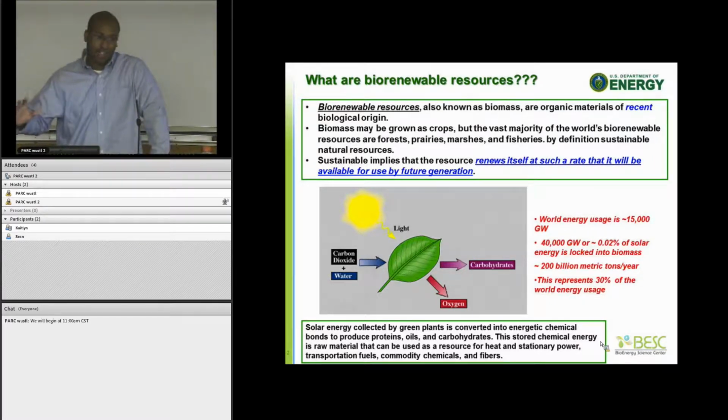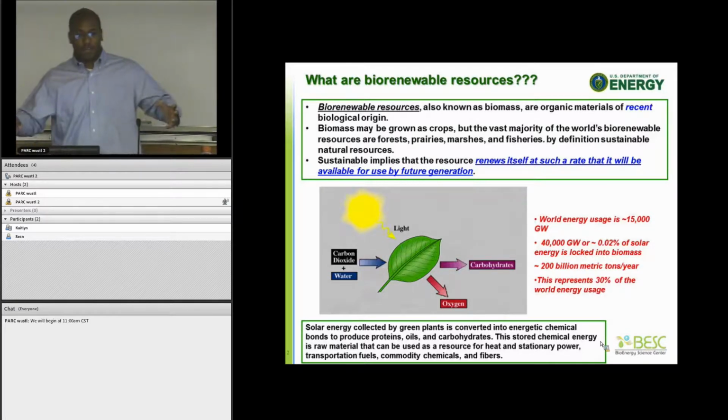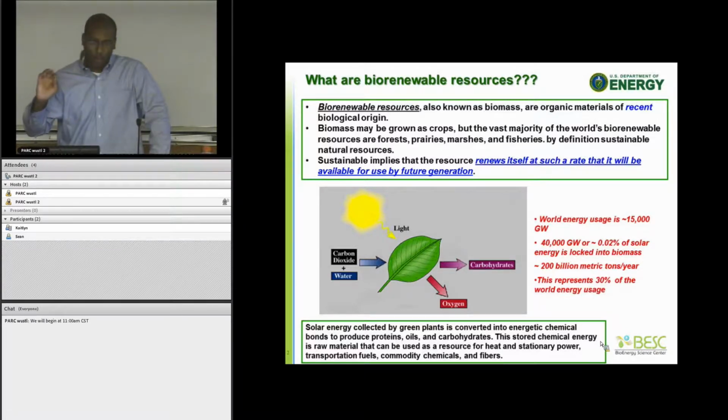The photosynthesis that plants do is actually not very, very efficient. If you look at the amount of solar energy that the Earth is exposed to, it only sequesters about 0.02% of that energy. But even if you took that energy, it's about 40 gigawatts, right? Which is about 3 to 4 times the amount of the world's energy usage.